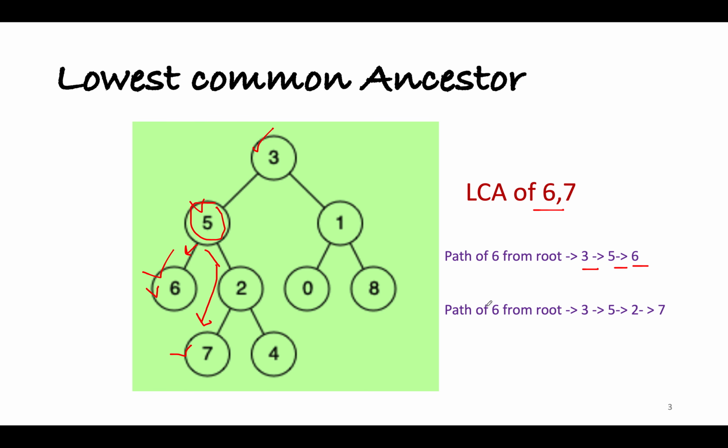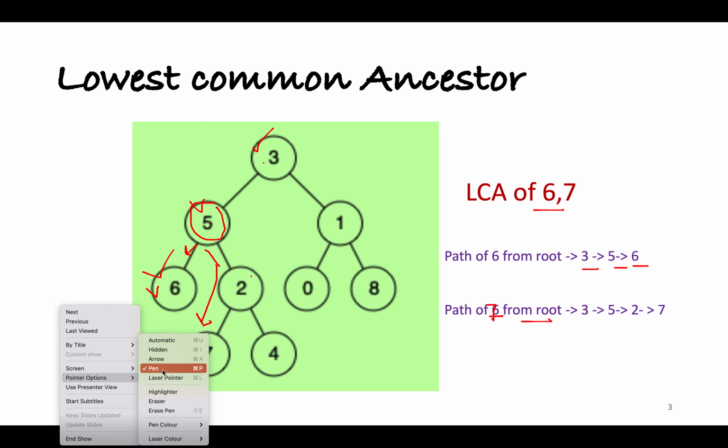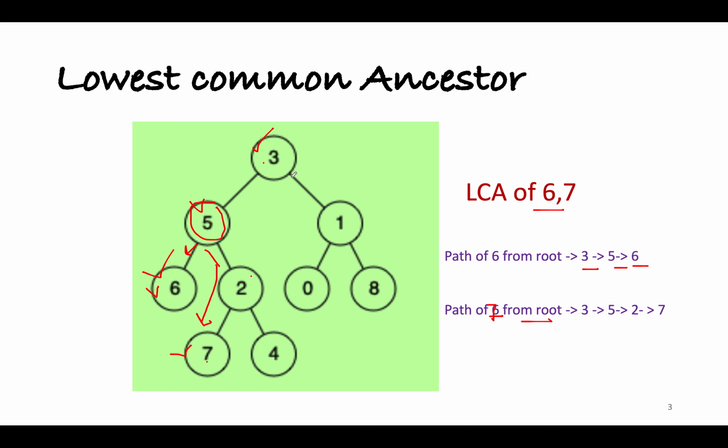Similarly, we have created a path of the 7 node from the root. That would be nothing but 3, 5, 2, 7, which again I have stored in a list.